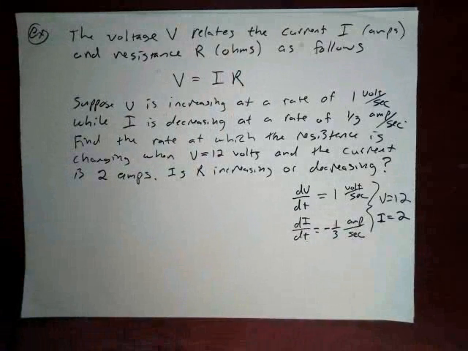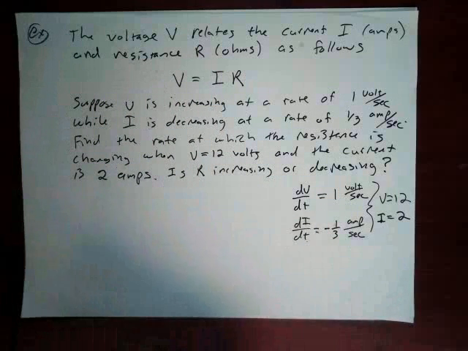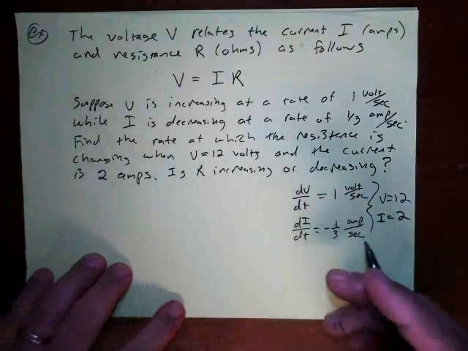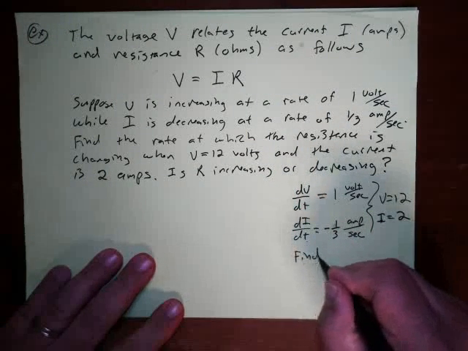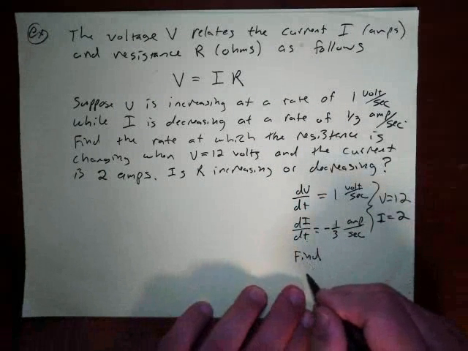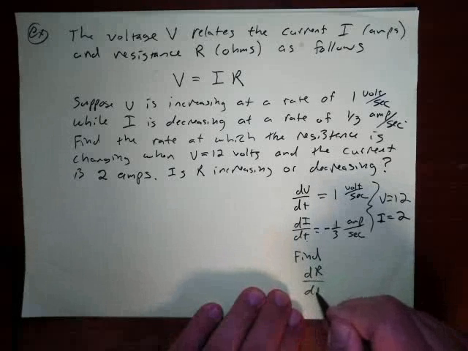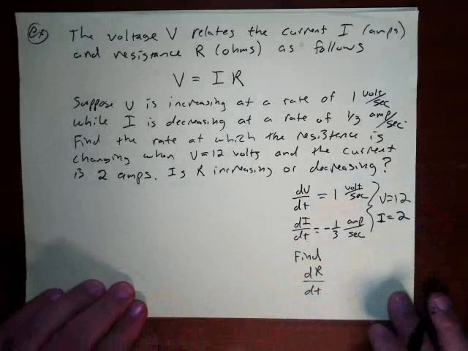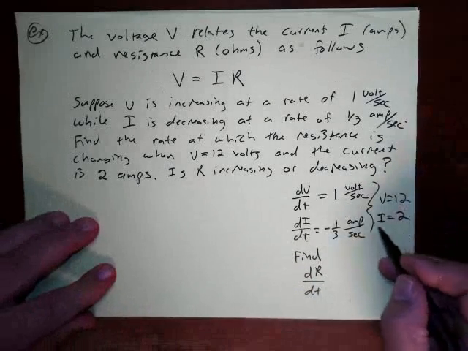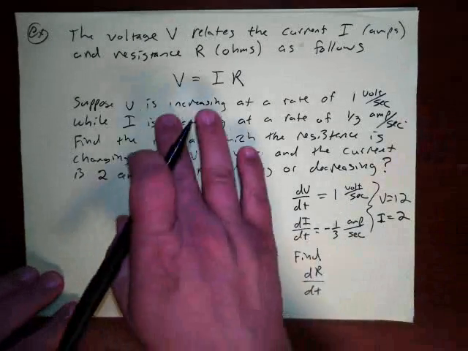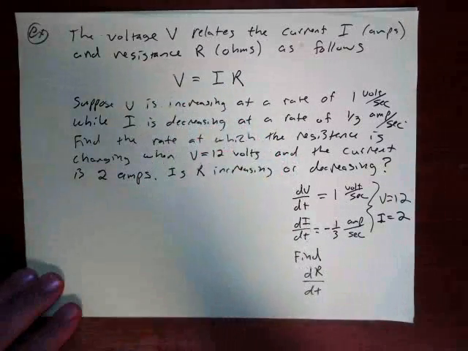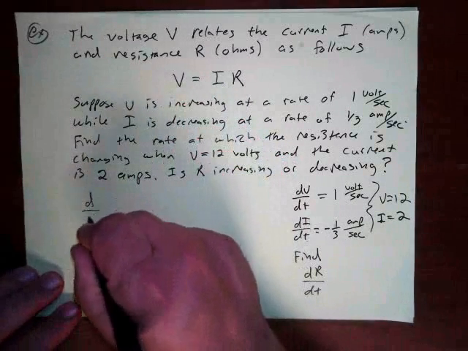And now I'm going to use this idea of related rates to find what it's asking for, which is dR/dt, when V is 12 and I is 2. So I'm going to take the derivative with respect to t of both sides of this equation.